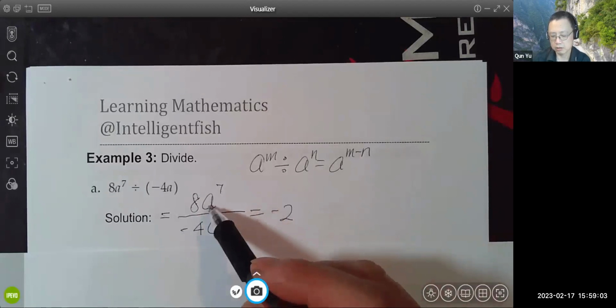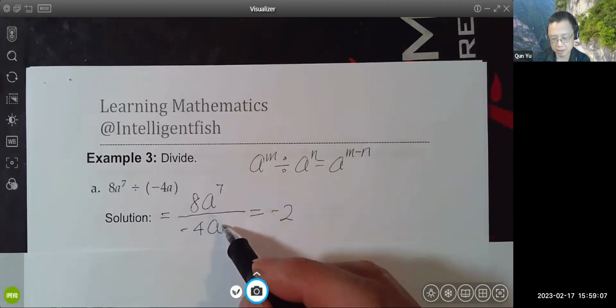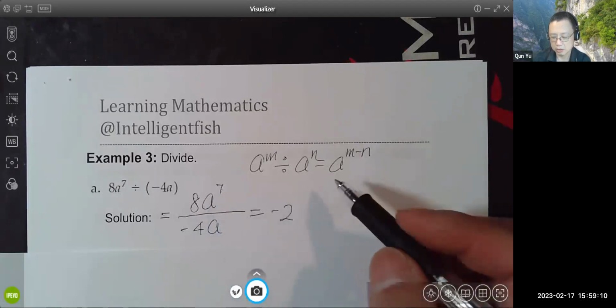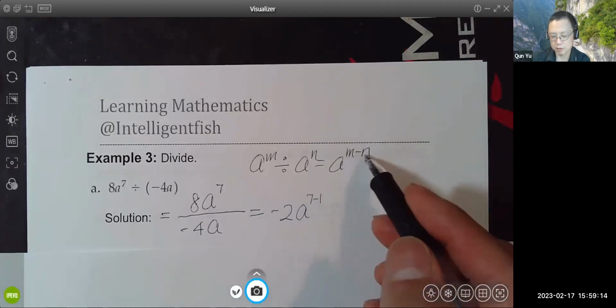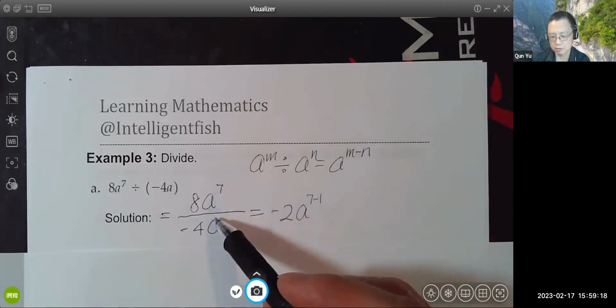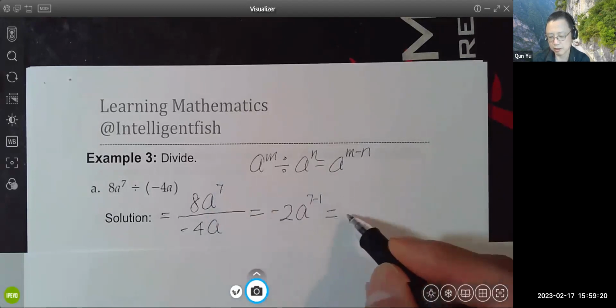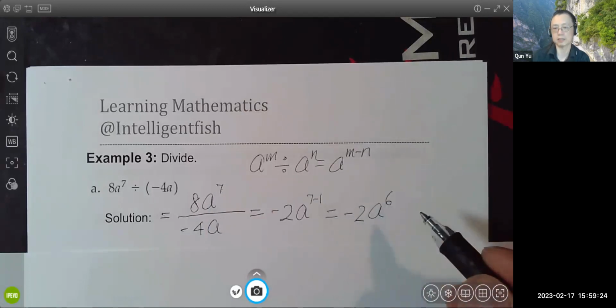And a to the 7 divided by a itself, a means a to the 1. Imagine you use a to the 7 minus 1 according to this formula, right? When you do division, you use the first exponent, subtract the second one. So the final answer is negative 2 times a to the power of 6.